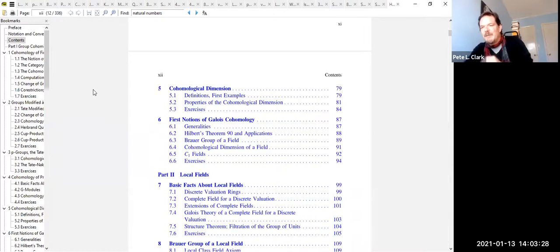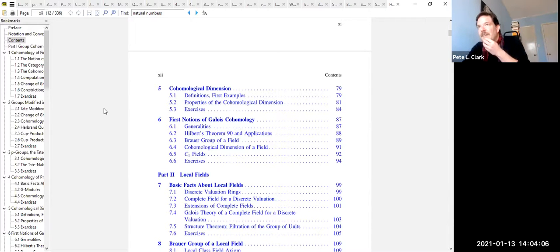Probably if you're taking the class, it would be nice if you'd already heard class field theory come up in various contexts. It's certainly very useful. It comes up all over the place in algebraic number theory and arithmetic geometry. If you ask me where it comes up, I would say in particular when you study the theory of complex multiplication, of elliptic curves, of Abelian varieties, or even of Drinfeld modules, some recent work of mine.